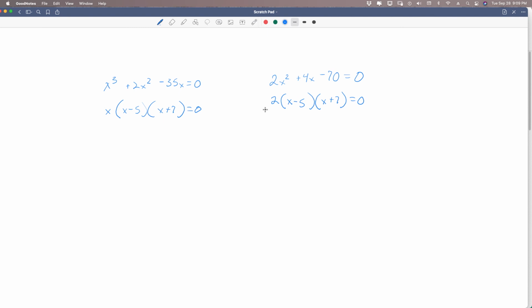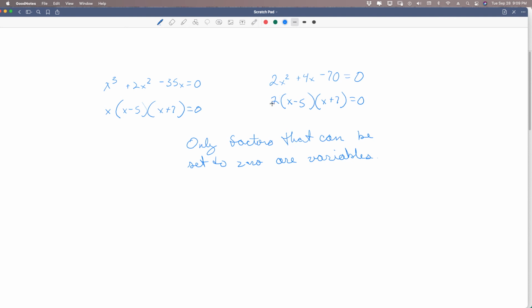The easiest way to look at it is that the only factors that you can set to 0 are variables. So if your factor has a variable in it, then you can set that equal to 0.